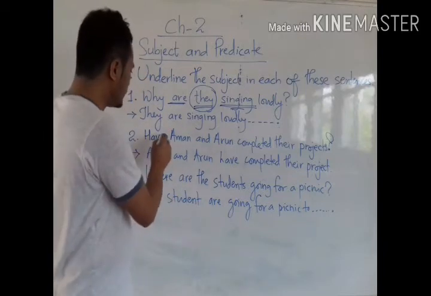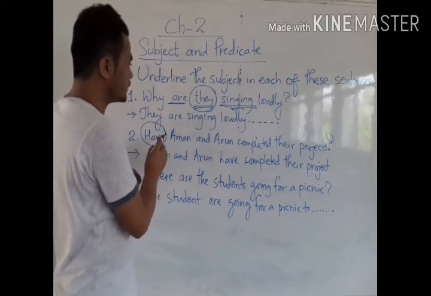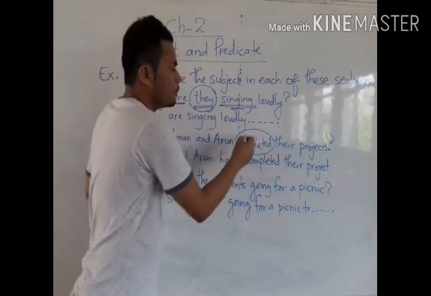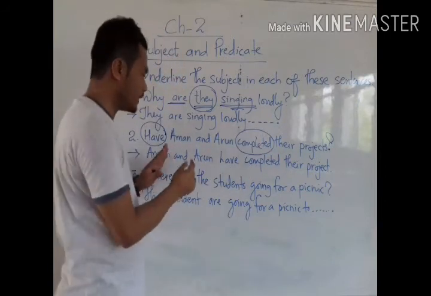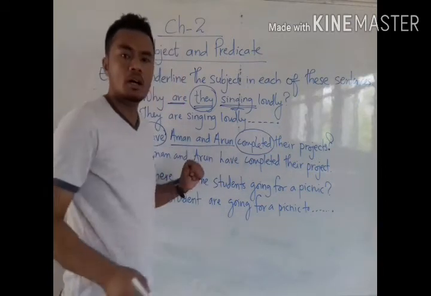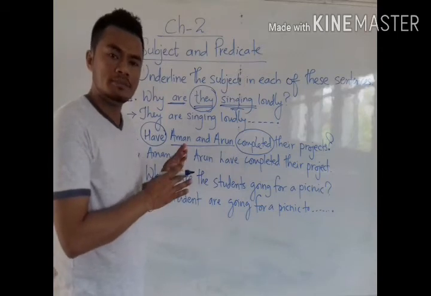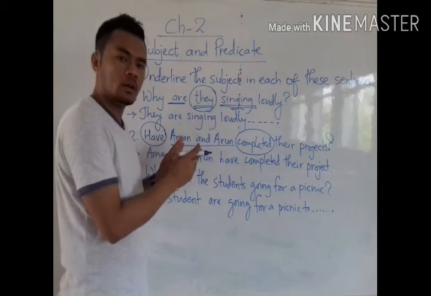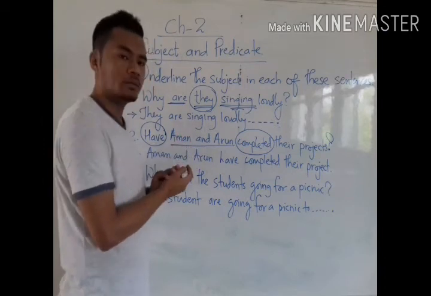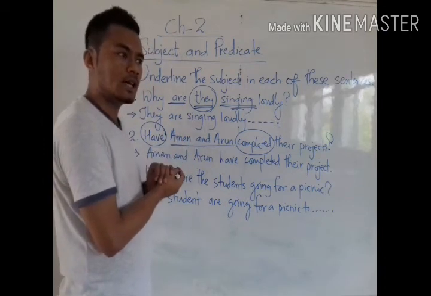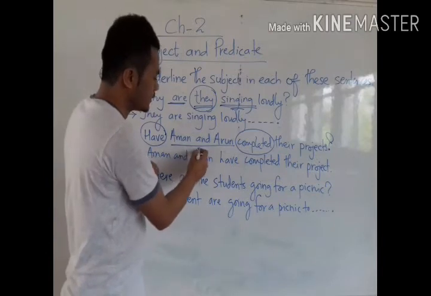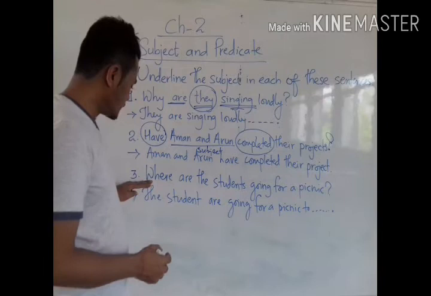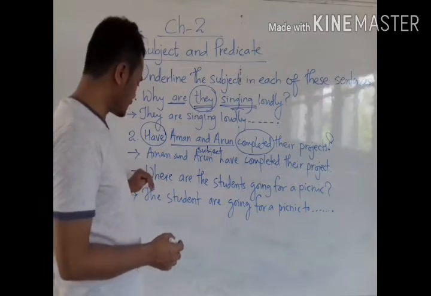See here, have is helping verb, okay, and completed is main verb. So in between helping verb and main verb we have Aman and Arun. So Aman and Arun is the subject here. Okay, two words, two nouns, Aman and Arun are used as subject here.